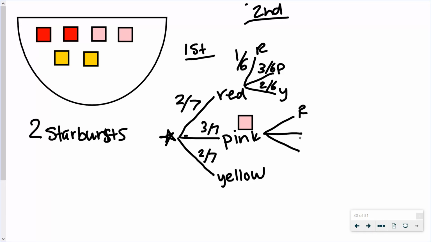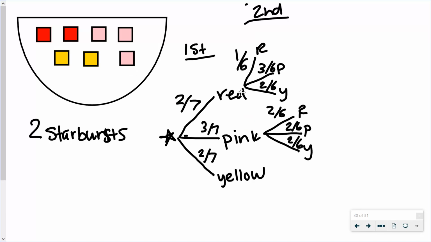It could be red, it could be pink, it could be yellow. My probabilities are now 2 out of 6, 2 out of 6, 2 out of 6. So that is the possibilities for if the first pull is a pink one, what could the second one be?